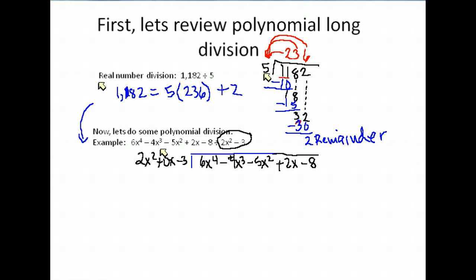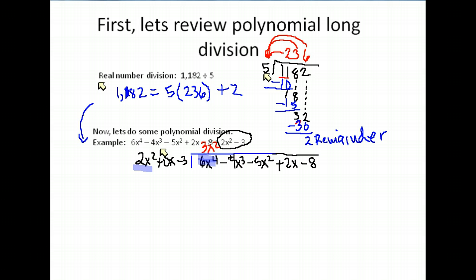Now this looks a little different than our regular division, but you still compare the front terms. I would say, what do I need to multiply times 2x squared to get it to equal 6x to the 4th? Well, to get 2 to be equal to 6, I would have to multiply by a 3. And to get x squared to be x to the 4th, I'd have to multiply by an x squared.